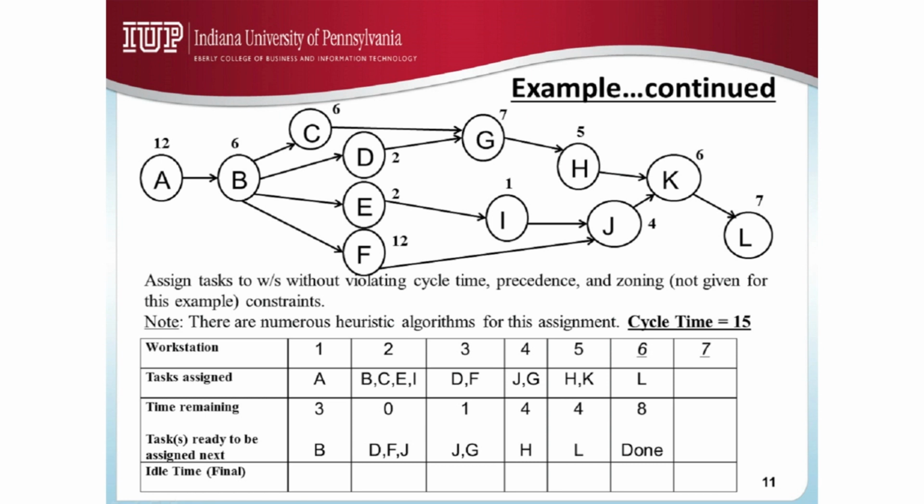Task D and F are assigned to workstation 3, and so on. Now, if you look at the last slide in this sequence, this is the final assignment. And these are the idle times, 3, 0, 1, 4, 4, 8. So the total idle time is 20 minutes. You have 20 minutes of idle time.